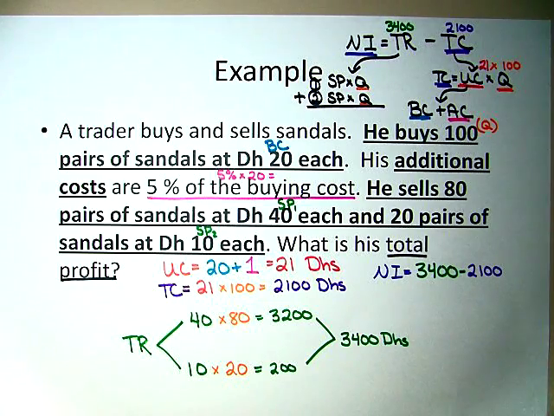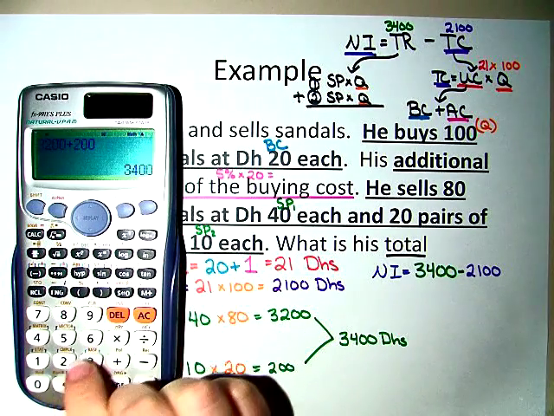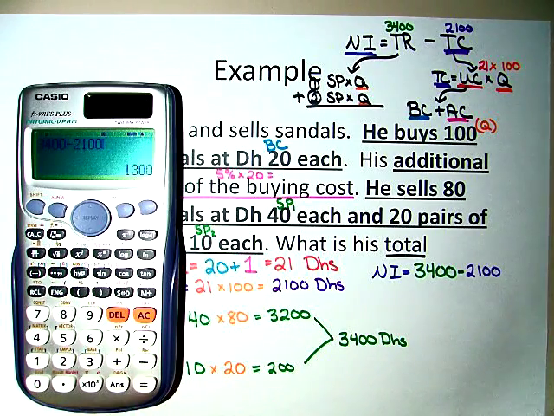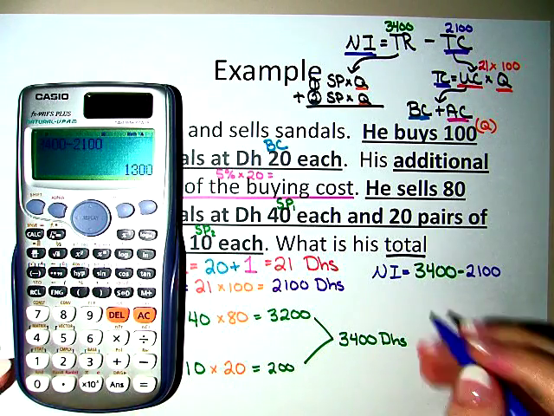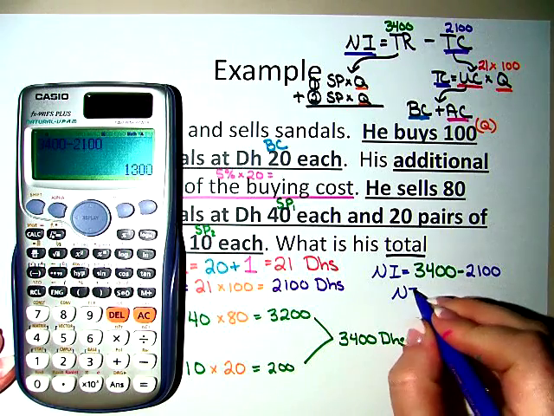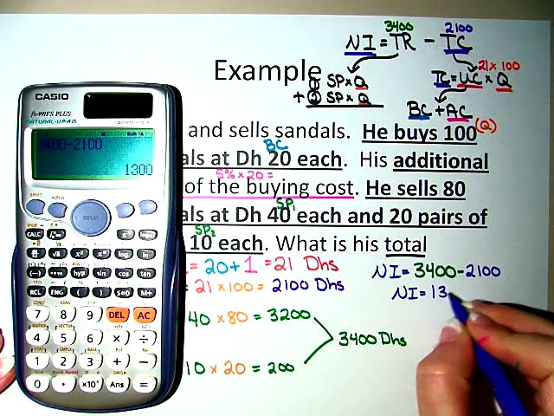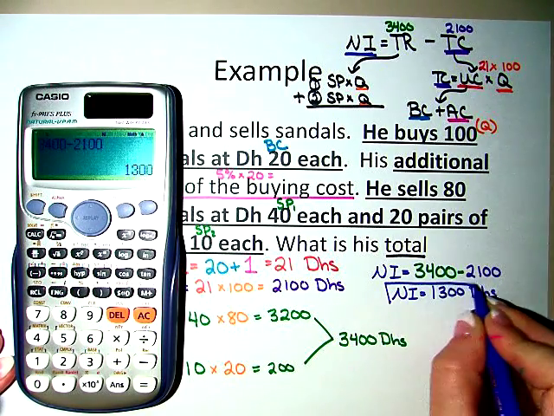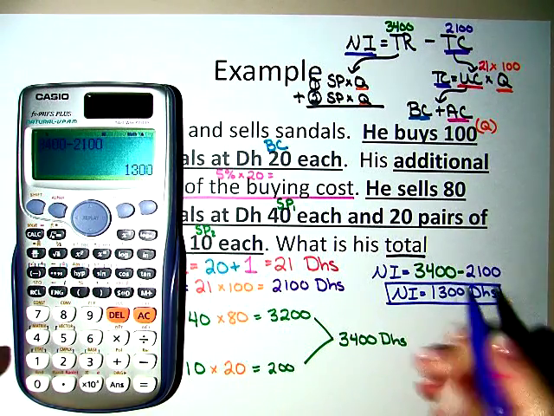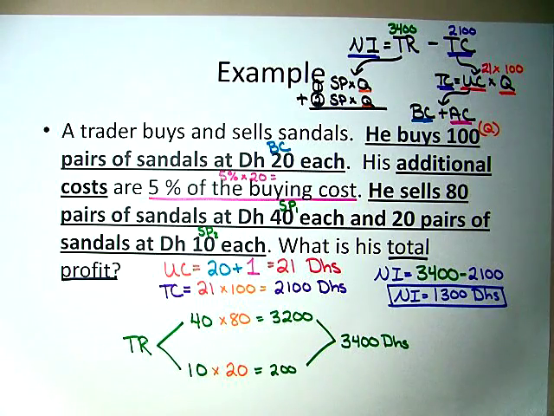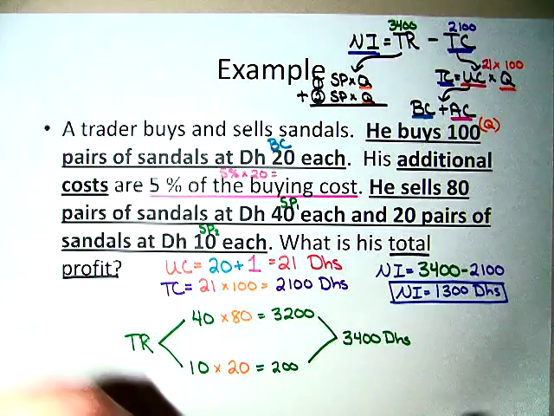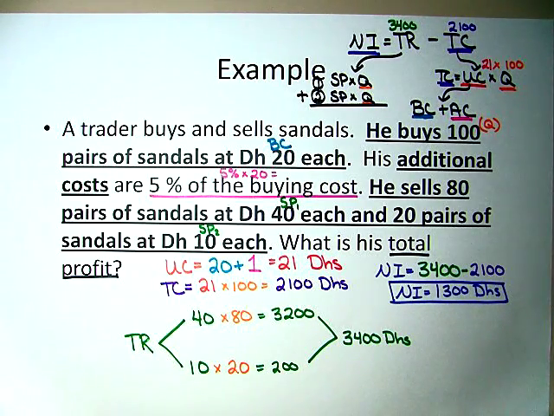Get out our calculator. 3,400 minus 2,100 gives me a net income of 1,300 dirhams. So, what is his total profit? His total profit was 1,300 dirhams.